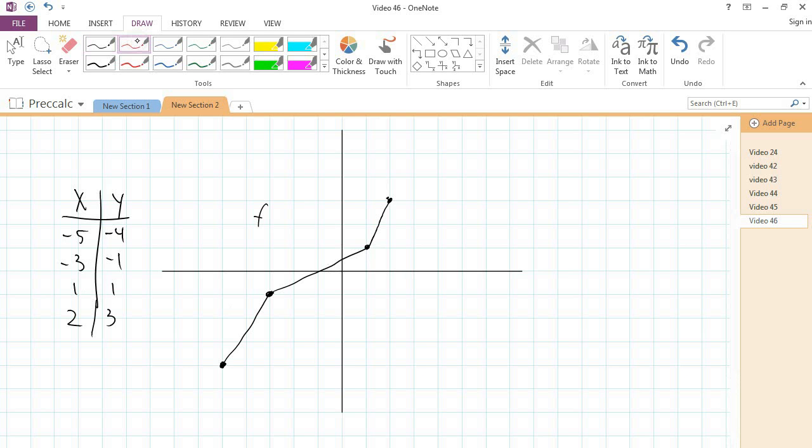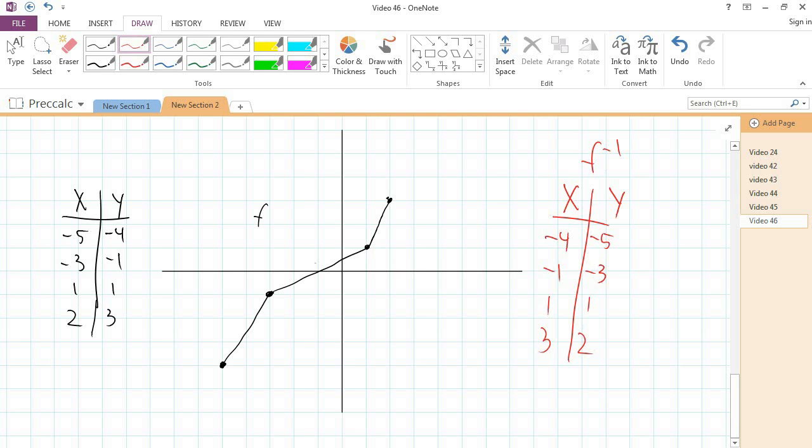So if I want to make f inverse, I'm just going to exchange all of the x values and all of the y values of f. And this is f inverse. Now, very important, when I plot these points, I need to plot them in the same order that they appeared in for f.